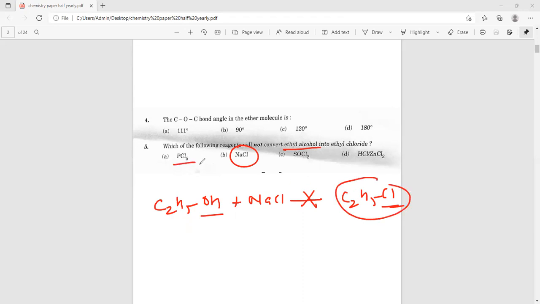And the rest, PCl3, PCl5, SOCl2, and Lucas reagent, change the alcohol into chloride, right? B is the right answer of the 5th question.